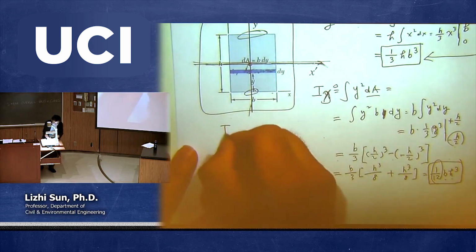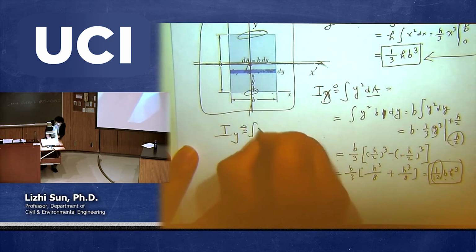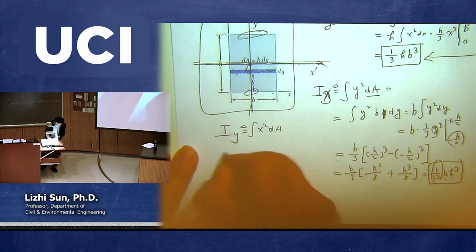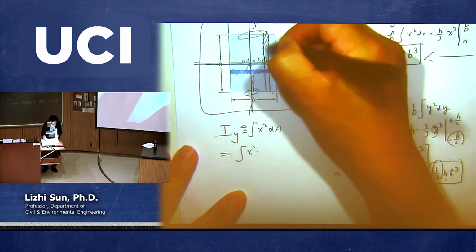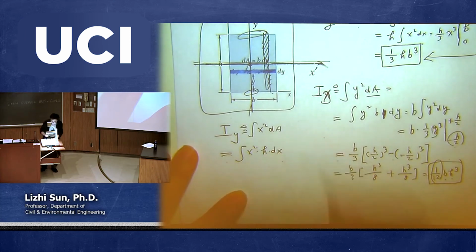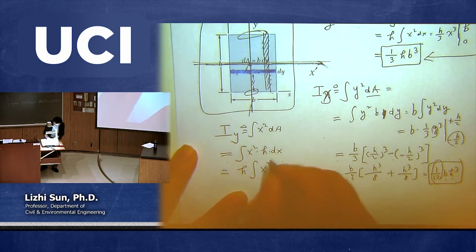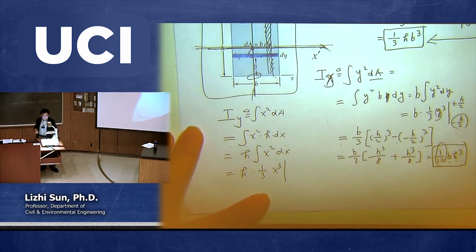Similarly, for this new coordinate system, you want to calculate Iy, which is the definition of x squared dA. You do the same thing. So for x squared dA this time, you can choose a tiny strip in the vertical direction. So that's going to be h times dx. And then you put the h out, x squared dx, h times 1/3 x cubed, and then lower bound, upper bound of x.